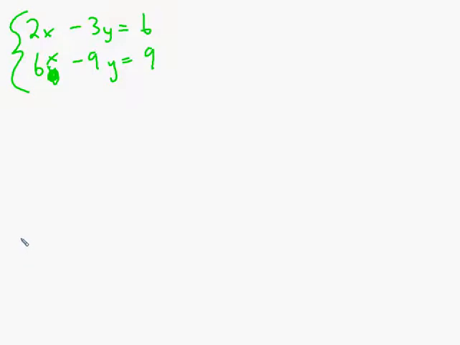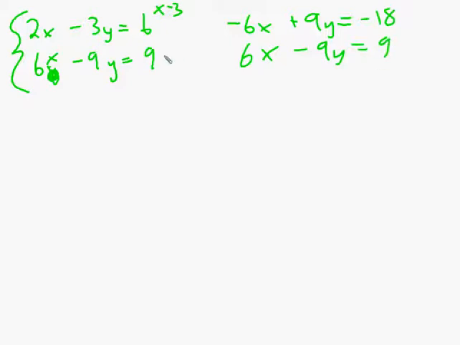All right, which variable do you want to eliminate? Okay, we can eliminate y. They are not different in sign. So I will multiply the second equation not by 3, but by -3, so that I get opposite sign. So I'll get -6x plus 9y equals -18. Then I have 6x minus 9y equals 9. That's this equation, just copying it over.